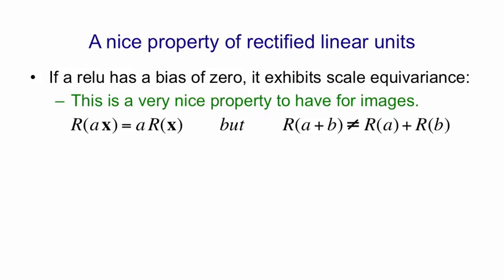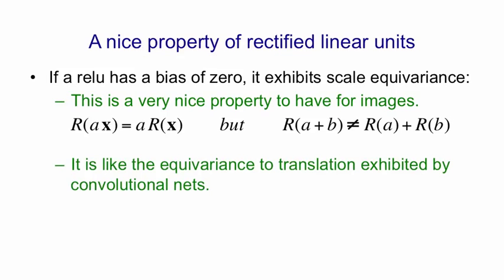In other words, when we scale up all the intensities in the image, we scale up the activities of all the hidden units, but all the ratios stay the same. Rectified linear units aren't fully linear because if you add together two images, the representation you get is not the sum of the representations of each image separately.